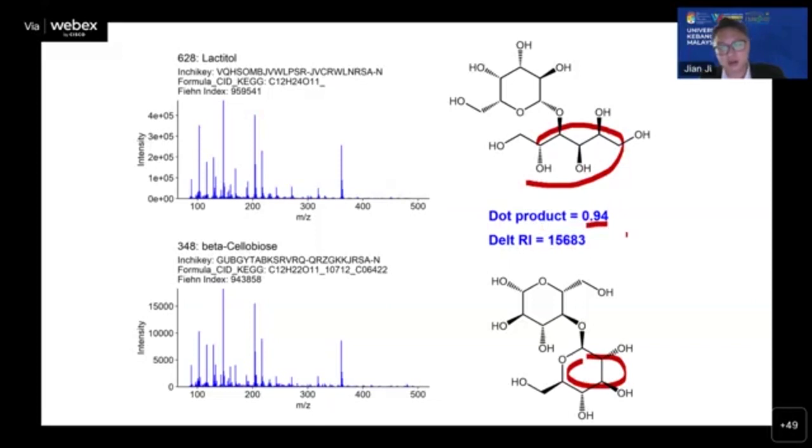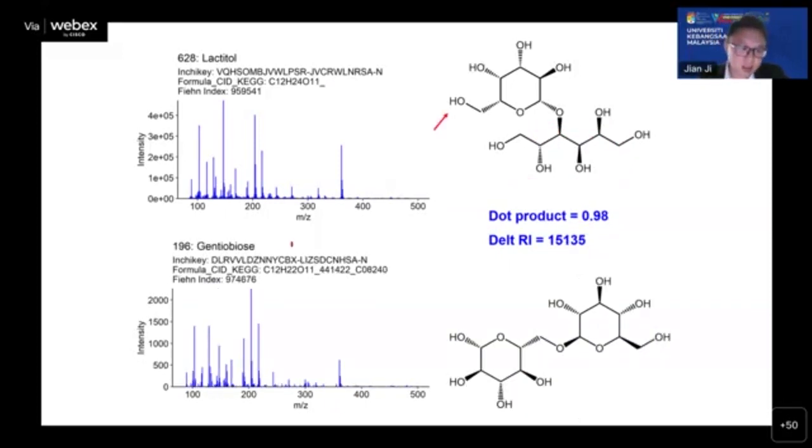As we know, when we search against the library, we normally set the dot product threshold to 0.7. So 0.9 is a pretty high similarity in this case. If we do not take the retention time information into consideration, we will say that it's a very good match. You will see the third match, gentiobiose.